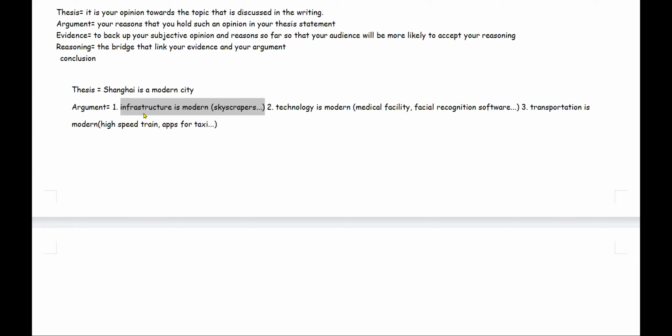But if you don't indicate that, I as the reader may have a different life experience. So when I look at a skyscraper, I might say, okay, Shanghai is a very adventurous city that challenges people with the fear of height. So Shanghai is not a friendly city. Can I conclude in that way?